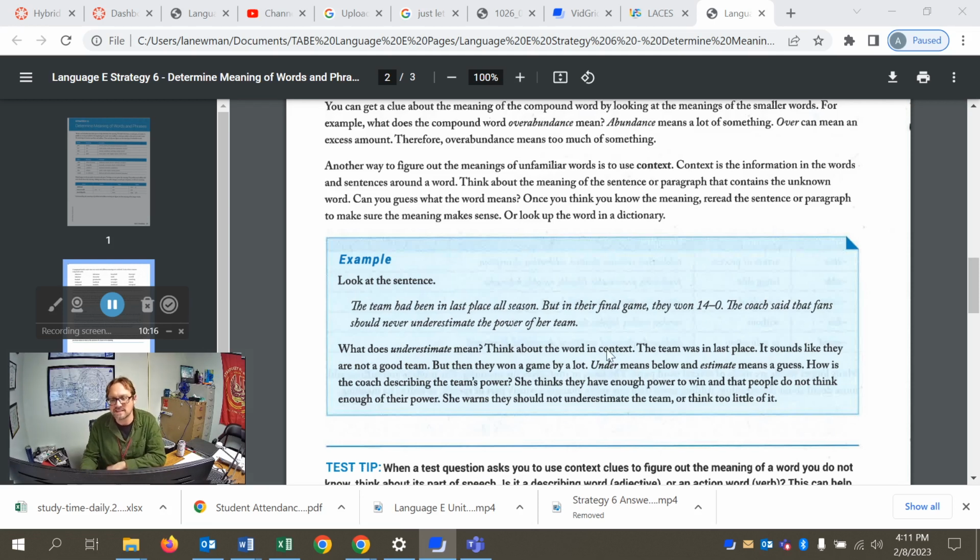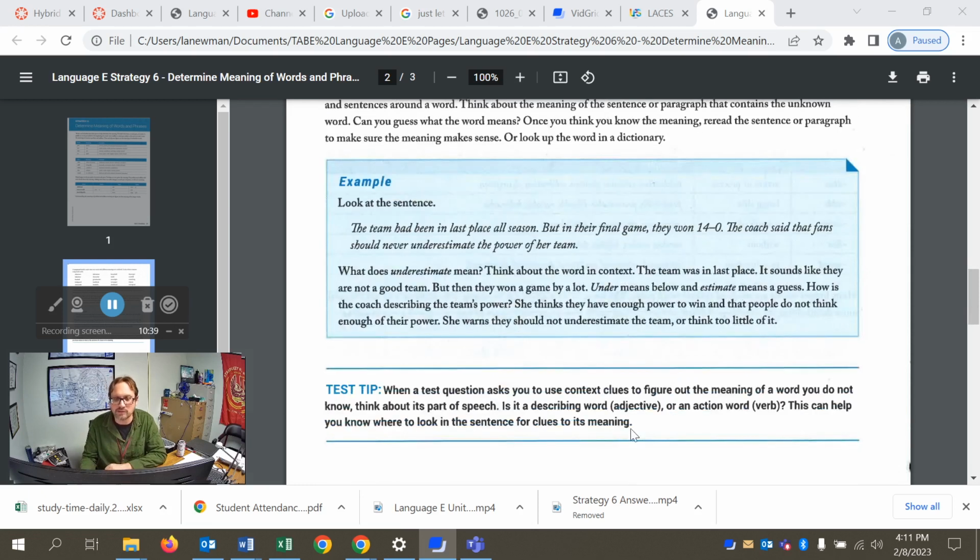And what I like about that example is we do have the context clues that explained, but also as this student or whoever's analyzing this sentence got a little bit closer to the meaning through context, they also broke down the compound word too. Underestimate, determined the meanings of those parts and got the full meaning from there.